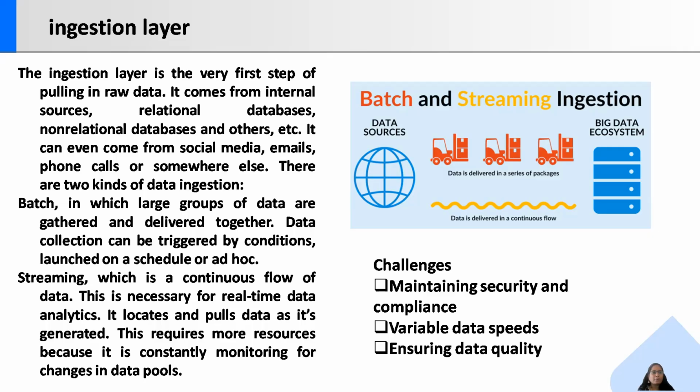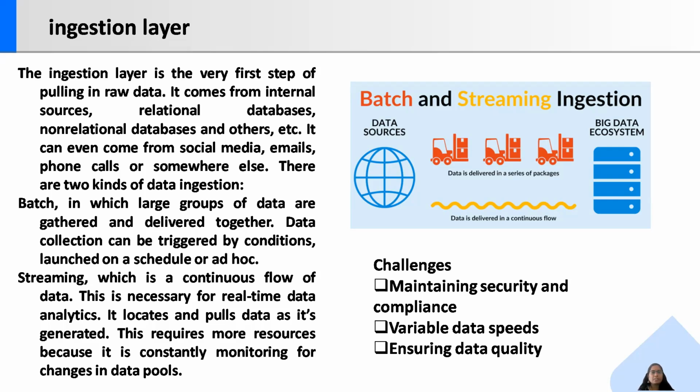For example, we have to handle real-time data. So the data is located and pulled as soon as it is generated. It is constantly monitoring for changes in the data. Which data can we take? For example, TV channels, where we get streaming data.